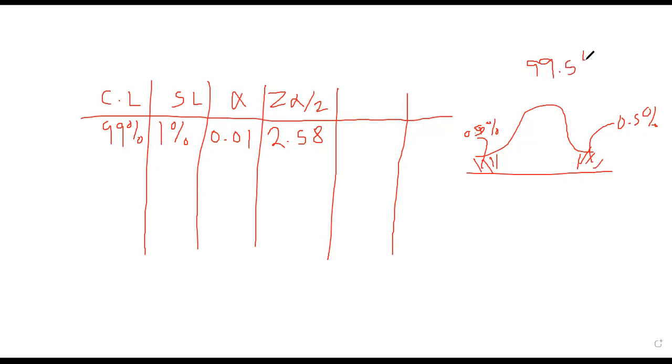When you read it from inside the table, you're going to find 0.9950.